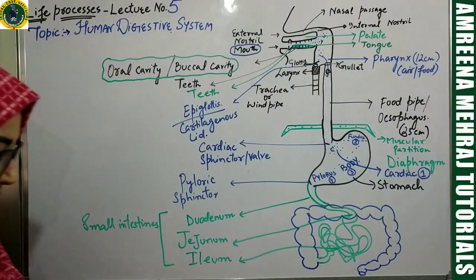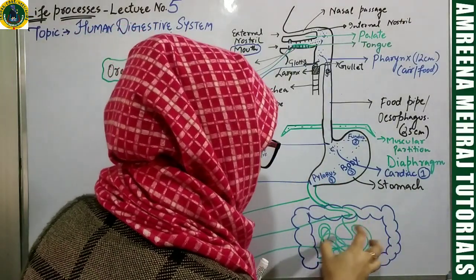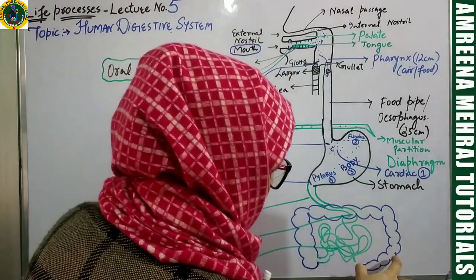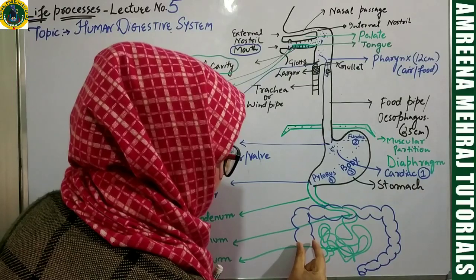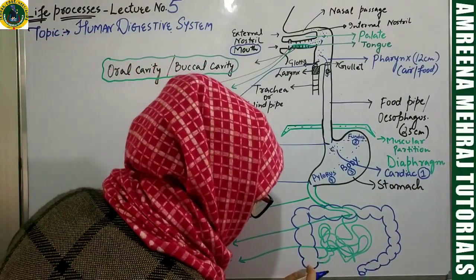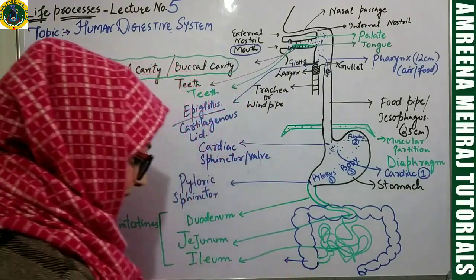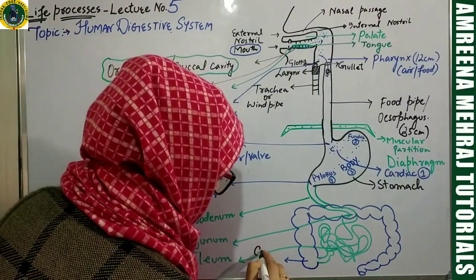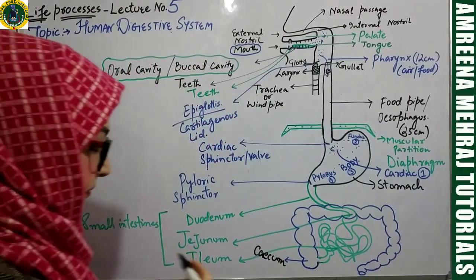Okay. Now, you will notice that the duodenum is present above, and the jejunum and ileum are present in a coiled form within this structure of the large intestine. And comparatively, this large intestine has the larger diameter. This is the first part of the large intestine, and I'll use the black pen for labeling. This part is the cecum.